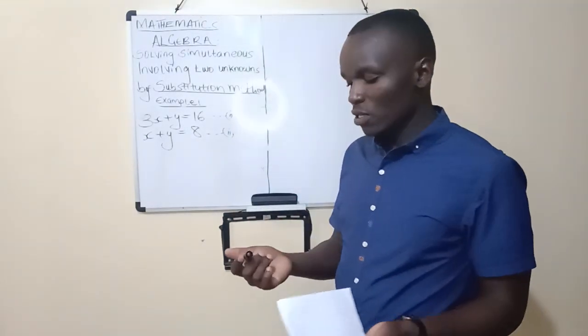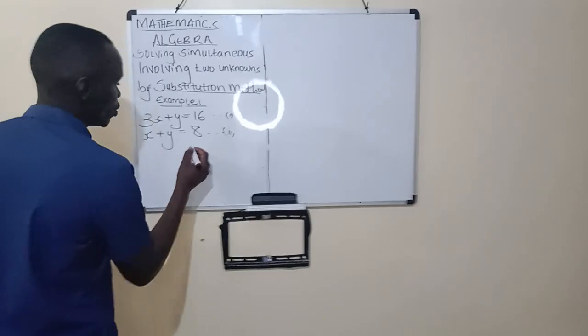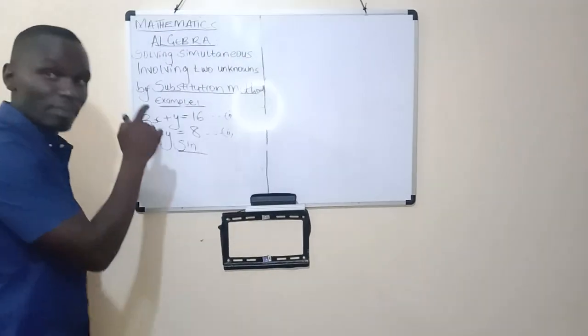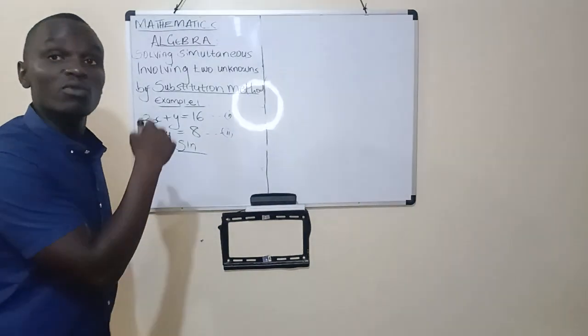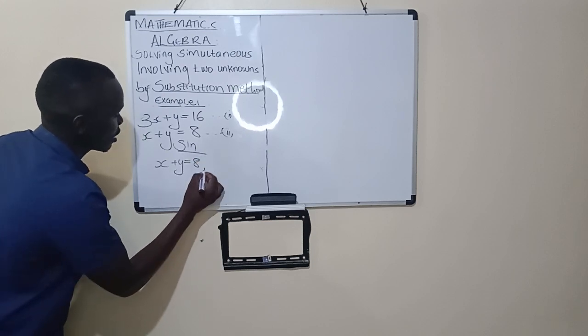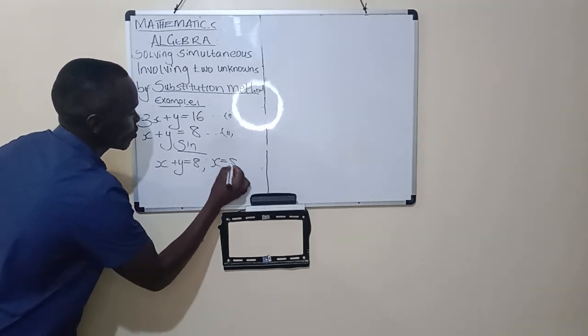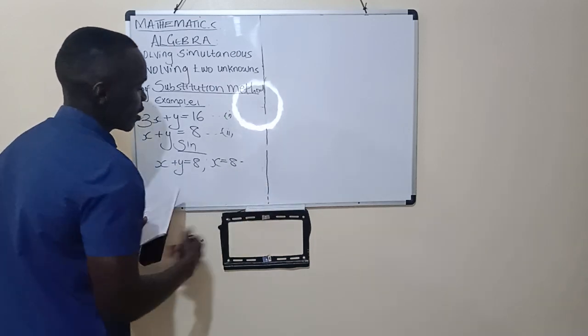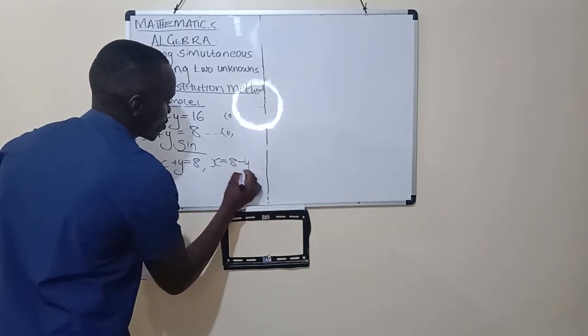Now, what do I mean? Solution. In our solution here, we will express x in terms of y, where we are going to have x plus y equals to 8, written as x equals to 8 minus y. Sorry, we're going to have x equals to 8 minus y.